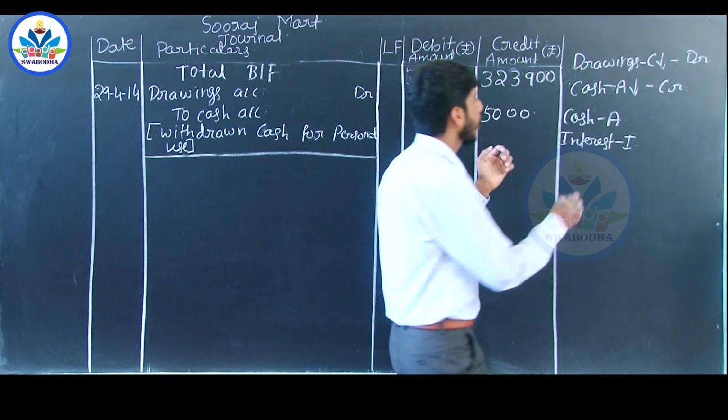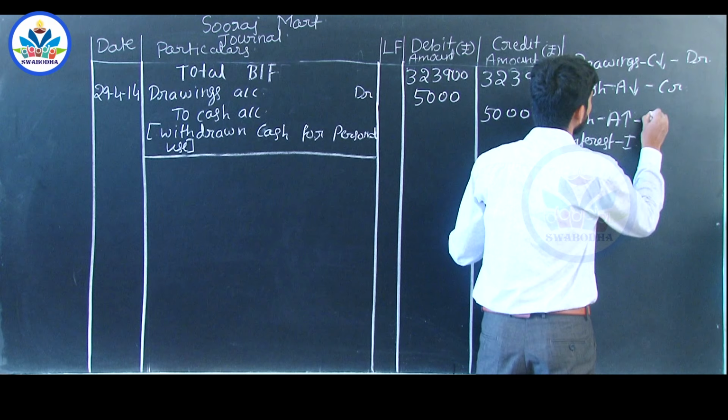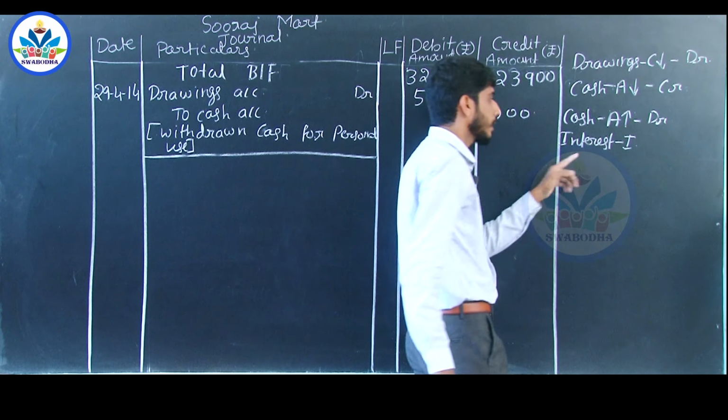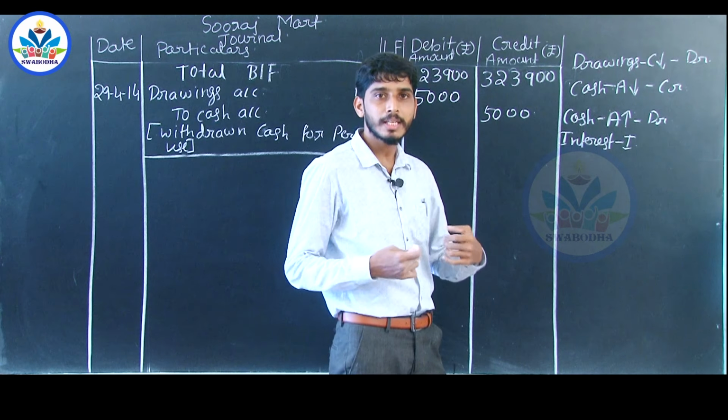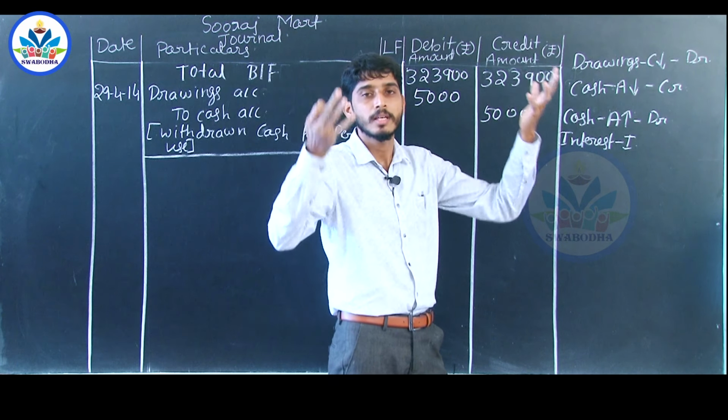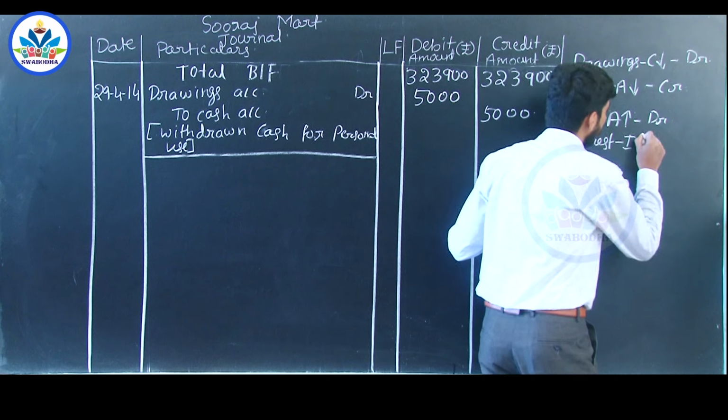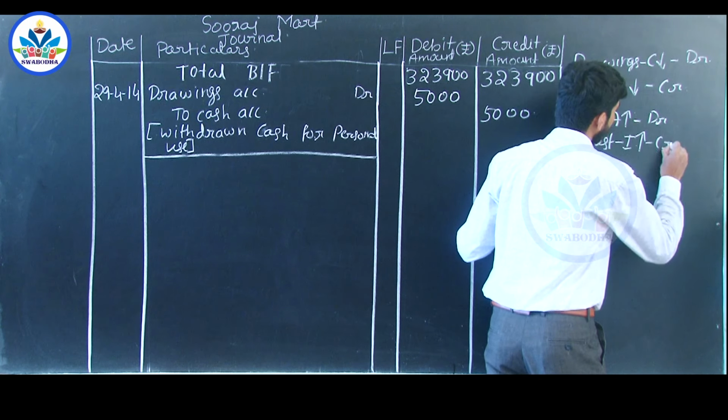Increase in the cash or increase in an asset has to be debited. Interest received is an income. Whenever you are receiving the income, your income value increases. Increase in the income has to be credited.